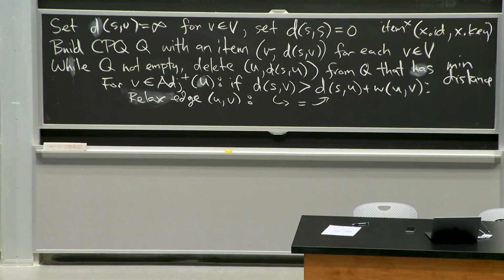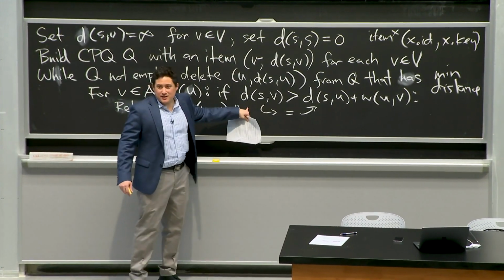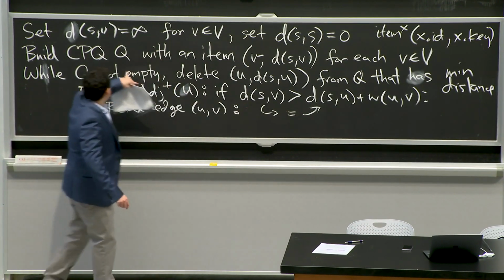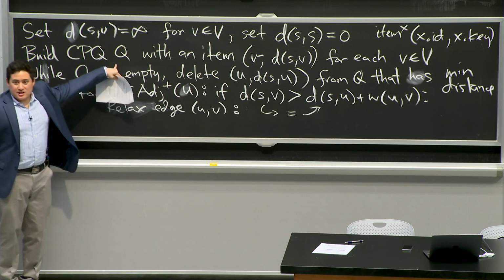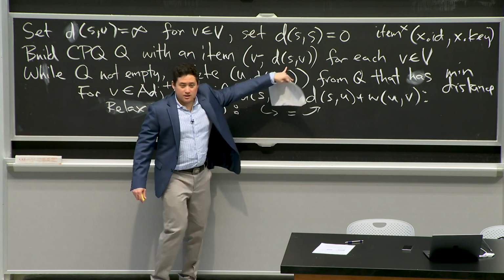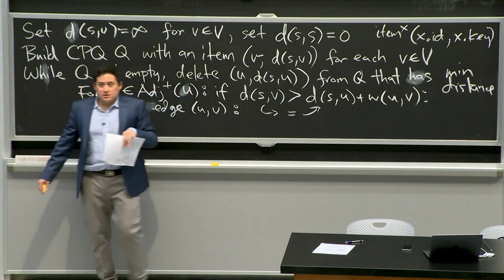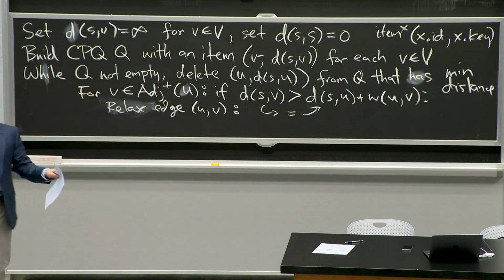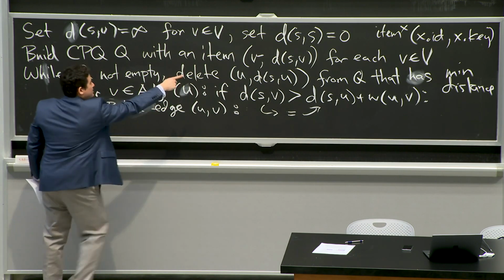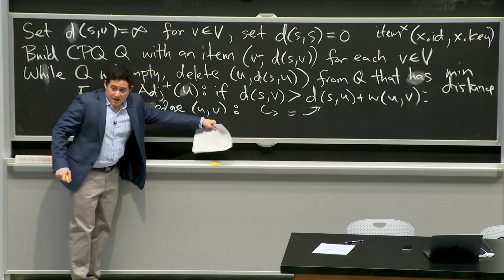And then we have one other thing to do. We've changed these distance estimates, but our queue doesn't know that we changed these things. We added these items in here, but it doesn't know that my distances have changed. So we have to tell the queue to change its key value associated with the item v.